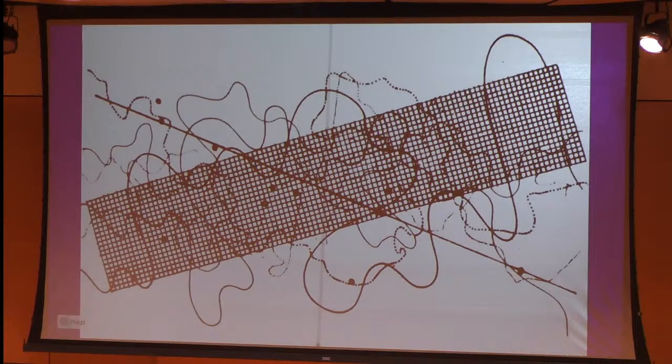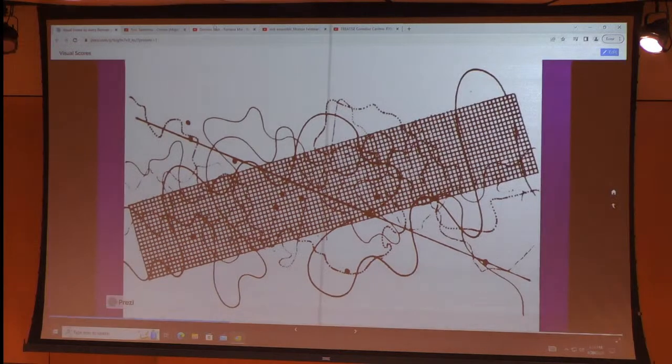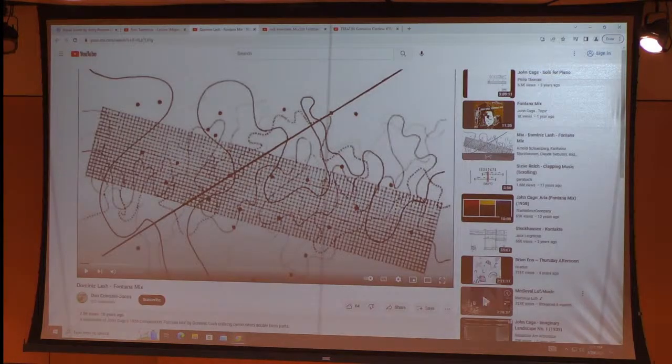It's very eccentric. There is so much going on. I think this is the best score to look at and think, this is meaningless. What would you do with it? But a musician and a psychologist could do a lot with it. So I will show you now an interpretation of John Cage's Fontana Mix.